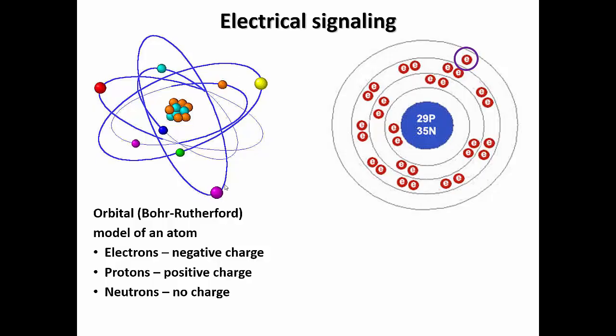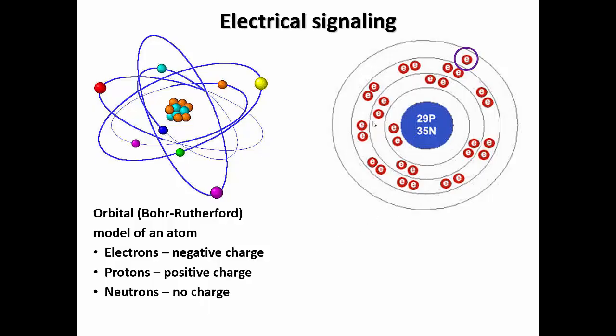And electrons inherently have been labeled to have a negative electrical charge. Protons found inside the nucleus have a positive charge, while the neutrons inside the nucleus, being neutral, do not have an electrical charge.